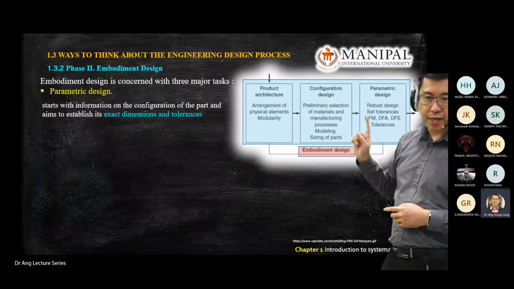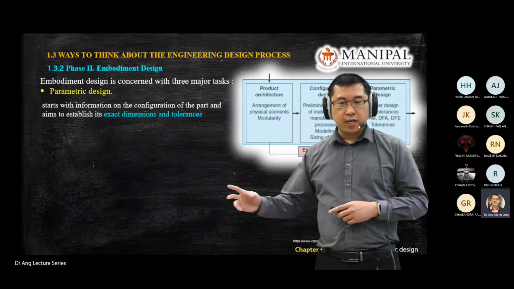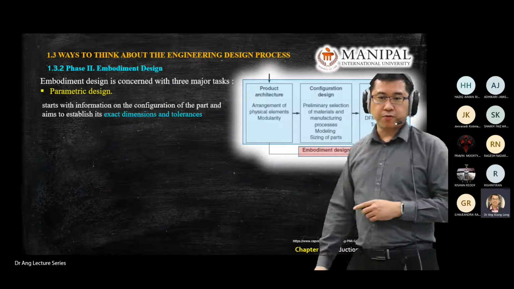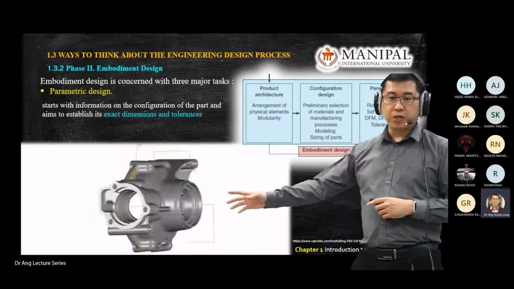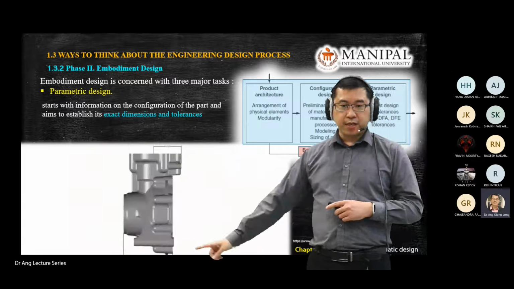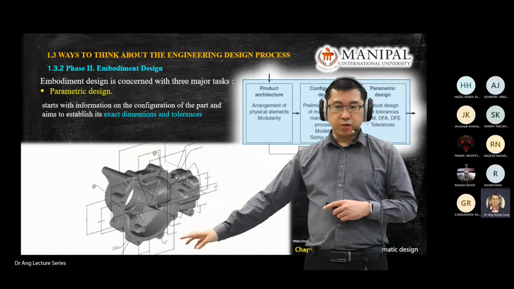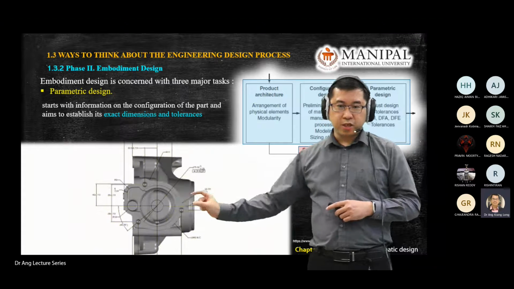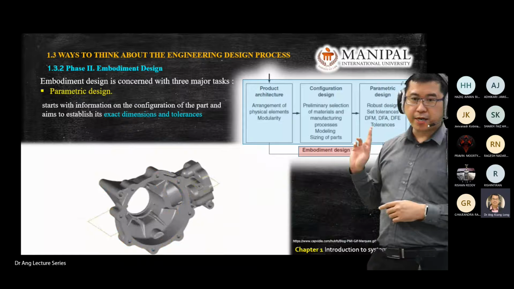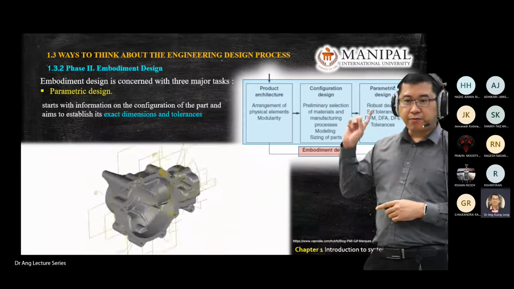And then parametric design, what does it mean? It means that you look for the exact dimension and tolerance for your design. So it means dimensioning of your design, the actual dimension and the space between parts. This is parametric design.